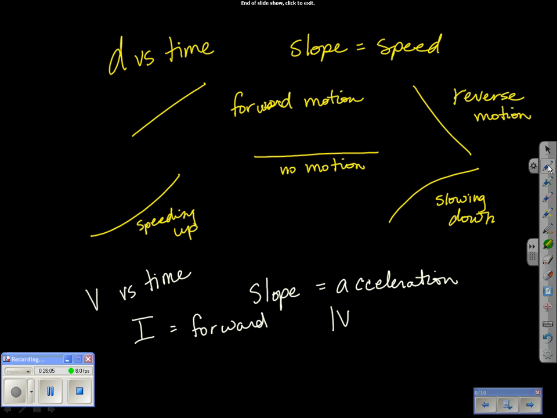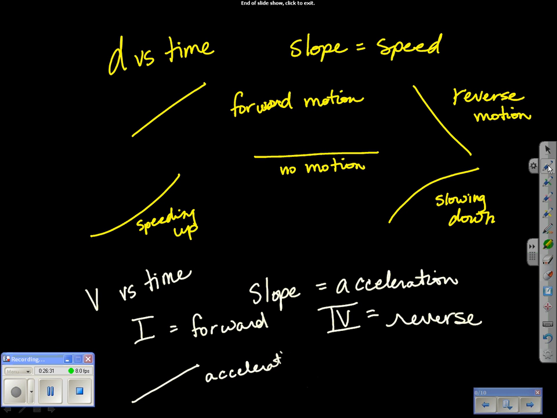If it's quadrant 4, it's moving in reverse or back towards the origin. All right. It can have a positive slope if it is, let's say, accelerating.